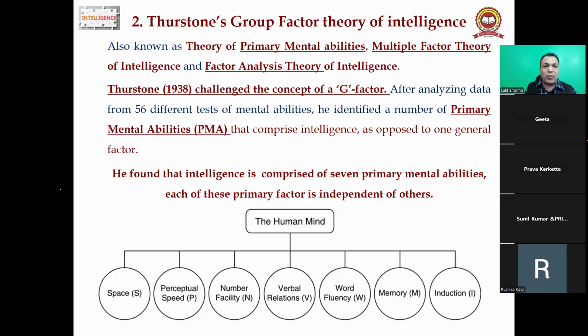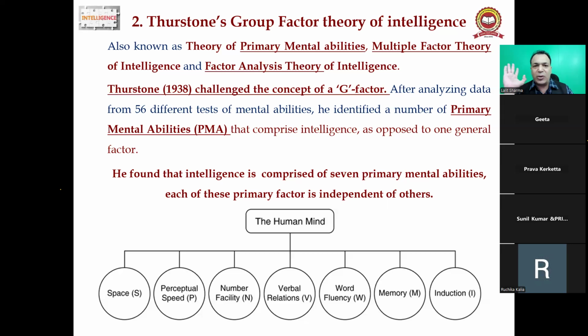Two factors are responsible for intelligence according to Spearman. But here, Thurston challenged the G factor. After analyzing the data from 56 different tests of mental abilities, he identified a number of primary mental abilities that make up intelligence, as opposed to the one general factor.